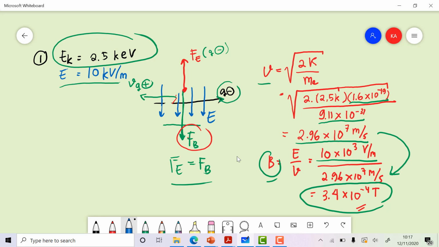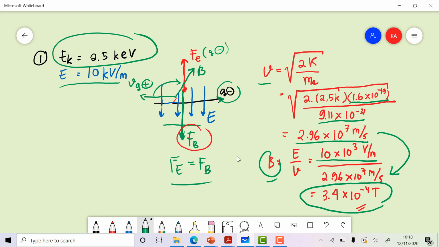Okay, if B is not outside of the paper, then B must be inside of the paper. If we make a cross product of v and B, we can generate the force in y negative, or down toward the earth, like Fb.